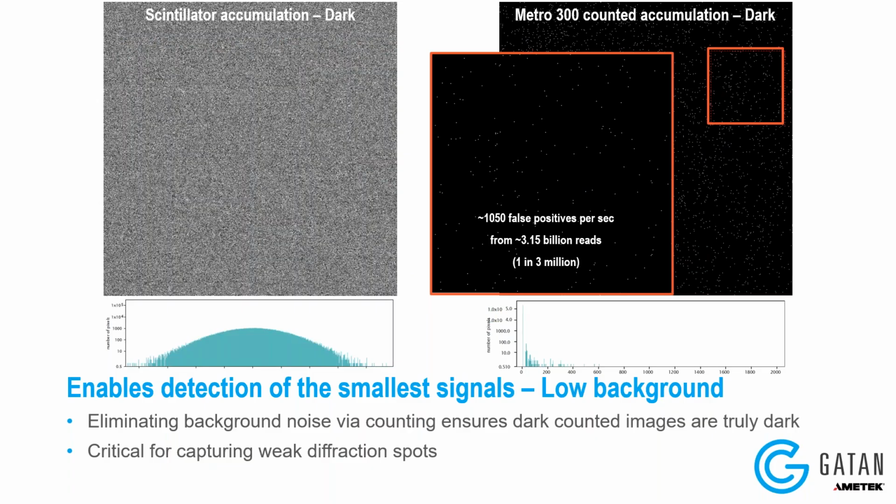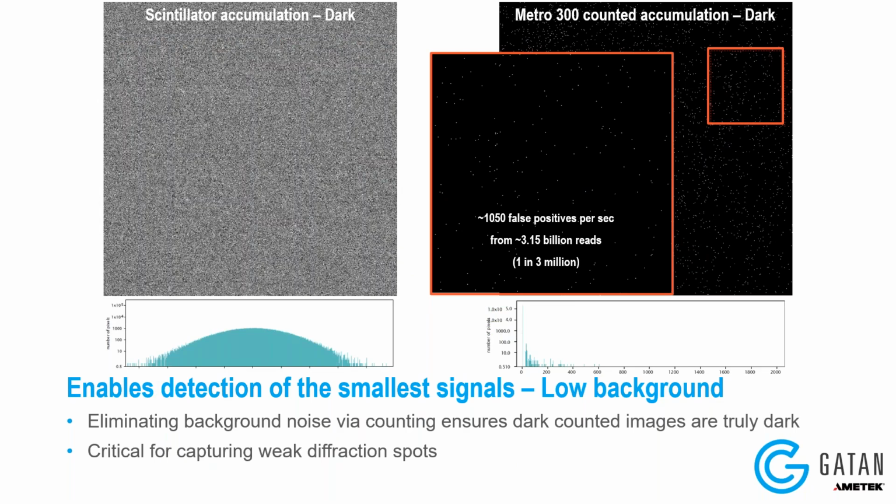And if you go back and calculate this, there's actually 3.15 billion reads that are happening here. And only about 1,000 false positives per second. So this is 1 in 3 million times that the detector and the algorithm gets this wrong.